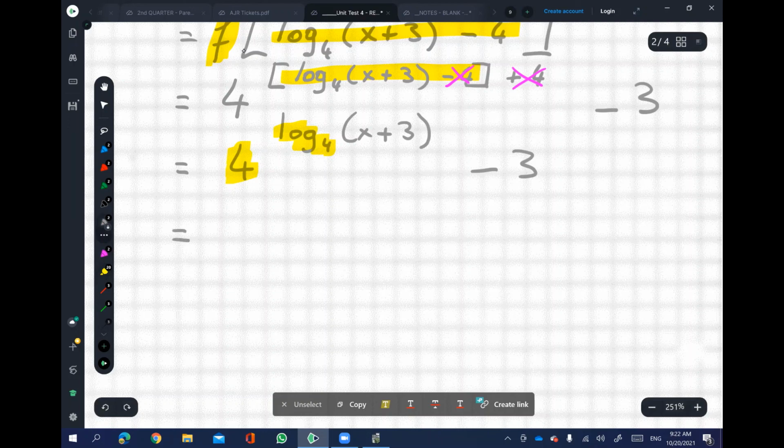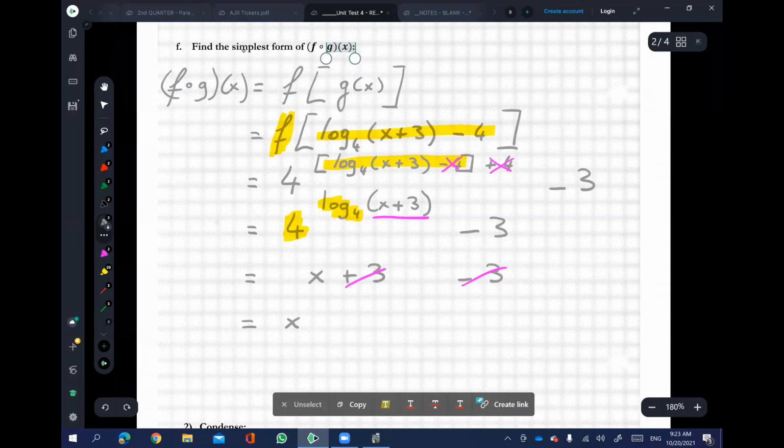They will cancel each other, which means that the x plus 3 will, so to say, drop. And I still have my minus 3 here, and 3 minus 3 is 0. I am left with x, and as you can see, they are indeed inverse.